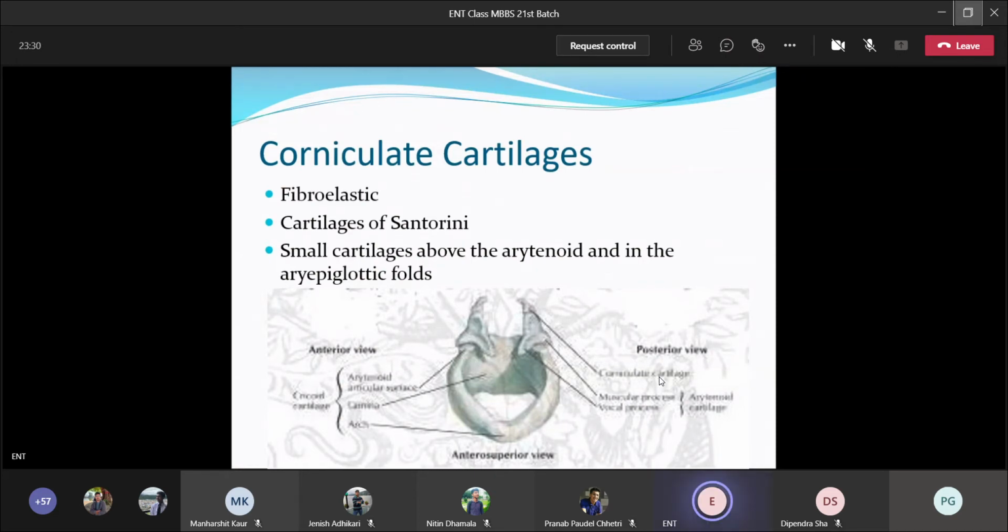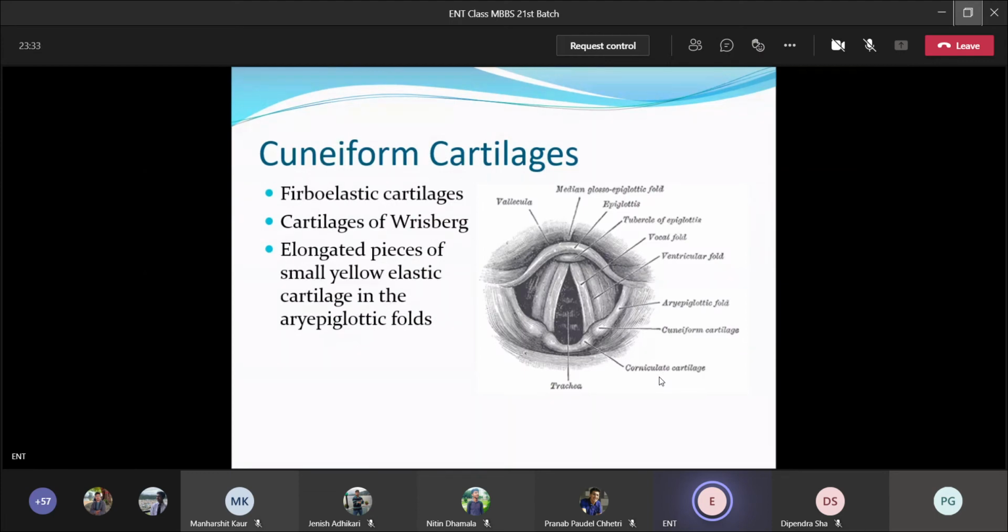So now the next slide is the cuneiform cartilage. First you look at the diagram. There is labeling of the laryngeal inlet: first the vallecula, median glossoepiglottic fold, epiglottis, tubercle of the epiglottis, vocal cord, ventricular fold, aryepiglottic fold, cuneiform cartilage, corniculate cartilage, and the trachea.